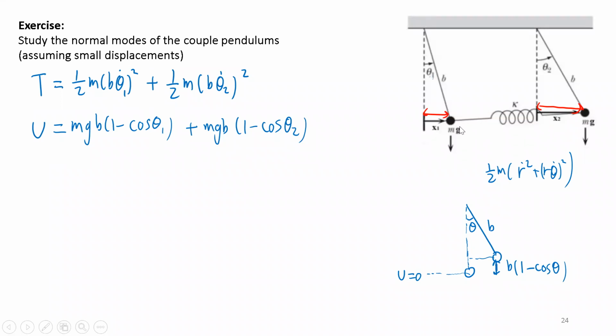And what is x2 and what is x1? x2 is just b sine theta 2, and x1 is just b sine theta 1. Therefore the elastic potential part is 1/2 kappa times (b sine theta 2 minus b sine theta 1) squared.